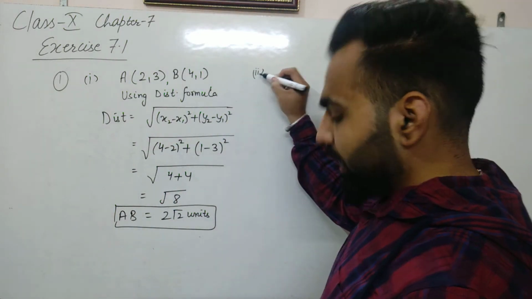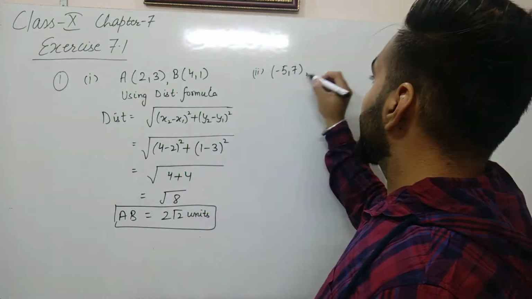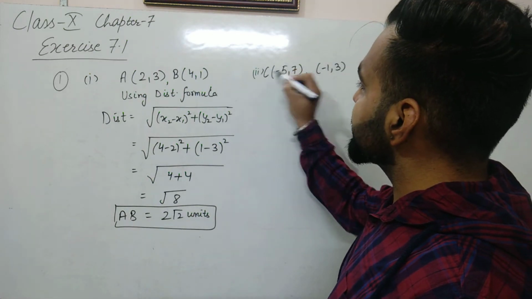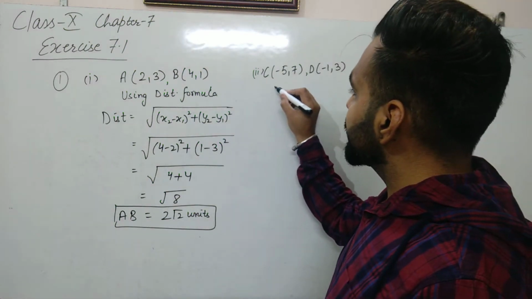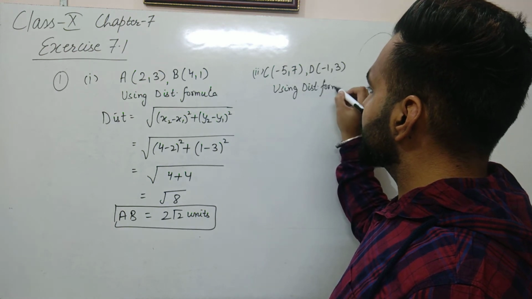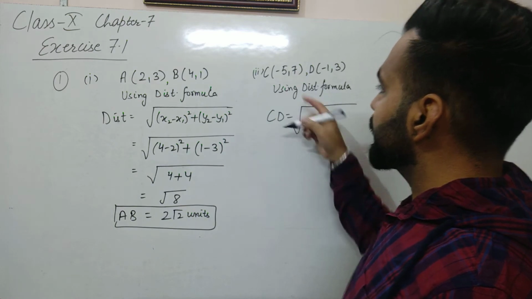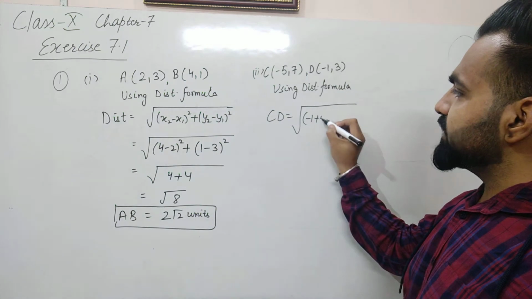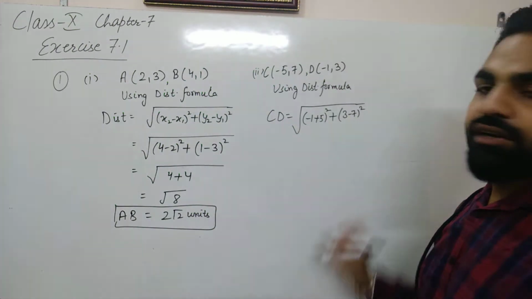Now see the second part. Second part is (minus 5, 7) and (minus 1, 3). So let us say this is point C, this is point D. So using the distance formula again, CD will be equal to root of (minus 1 plus 5) square, that is x2 minus x1, plus (3 minus 7) square, that is y2 minus y1.